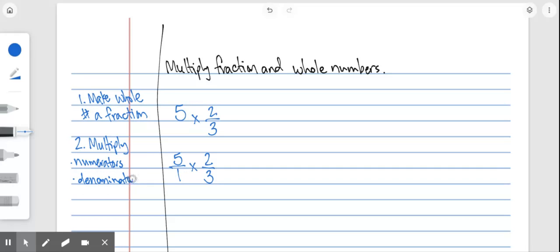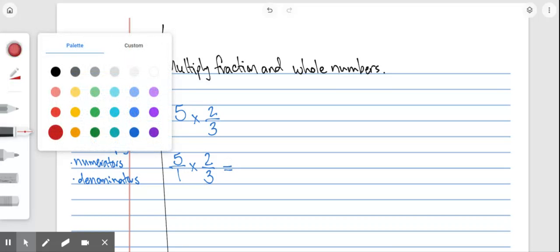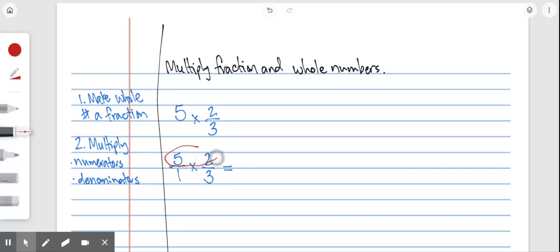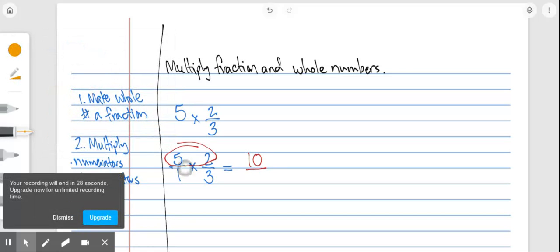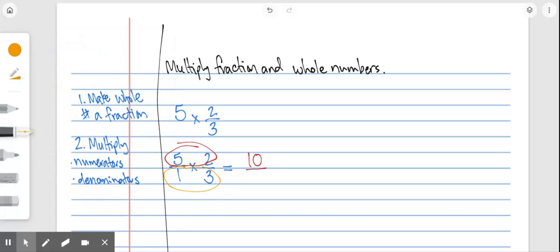So when I answer this, I'm going to start by multiplying the numerators. 5 times 2, which is 10. And then I go to the denominators. 1 times 3, which is 3. So my answer to 5 times 2/3 is 10/3.